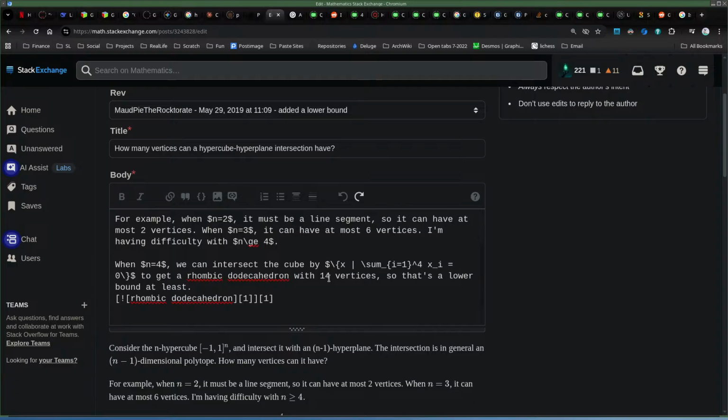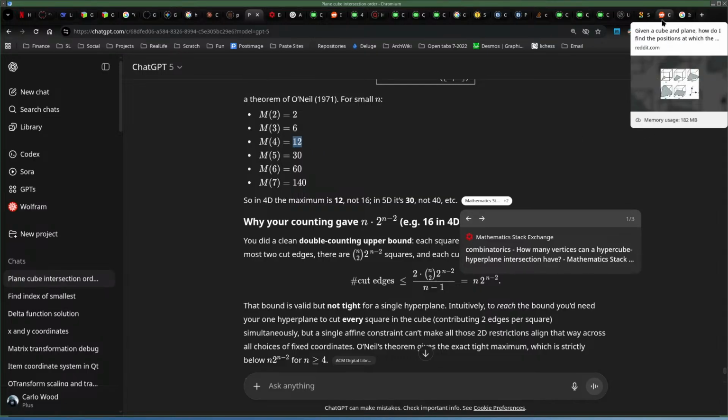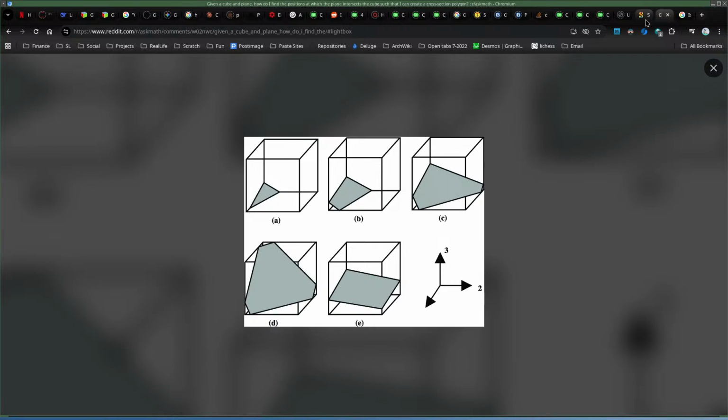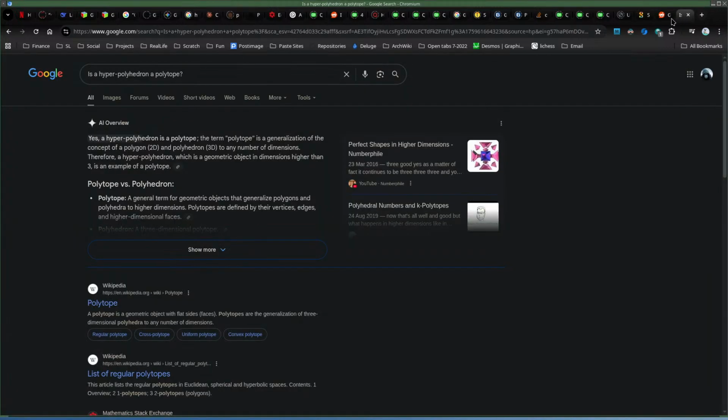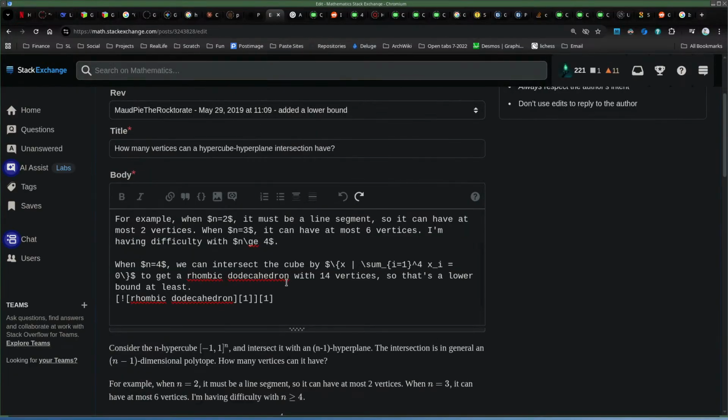You could find a 14. It said it was 12. Either that's not true or this is not true.